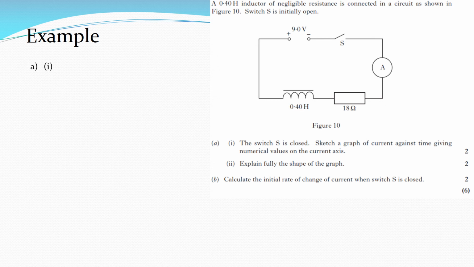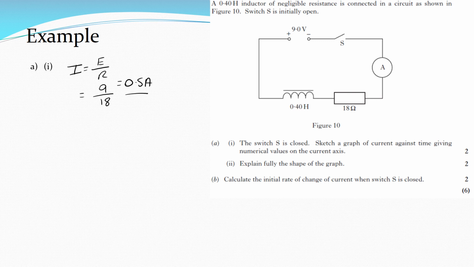First of all, for part A, we need to sketch our graph. But before we sketch our graph, we need to determine the value of the current. Well, just like in a capacitor, the initial current, the charging current for a capacitor, is equal to the EMF divided by resistance. So I is equal to E over R, which is equal to 9 divided by 18, which is 0.5 amperes.